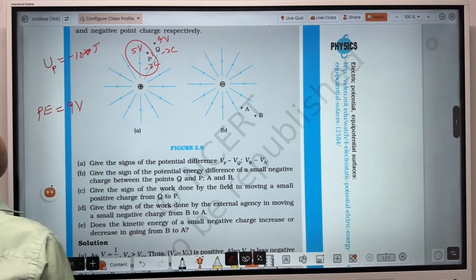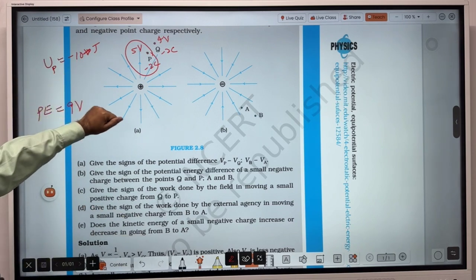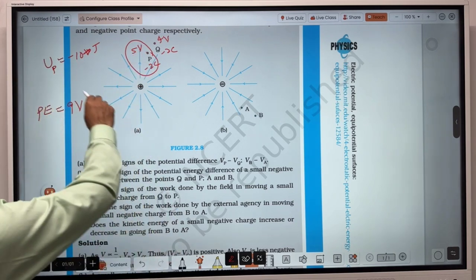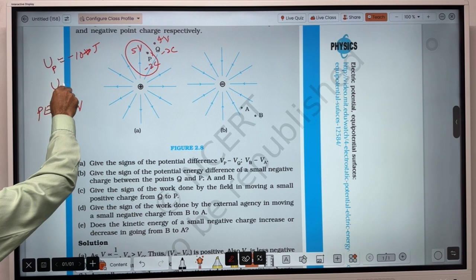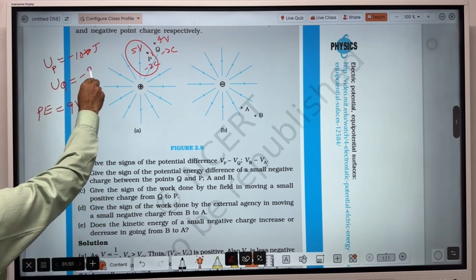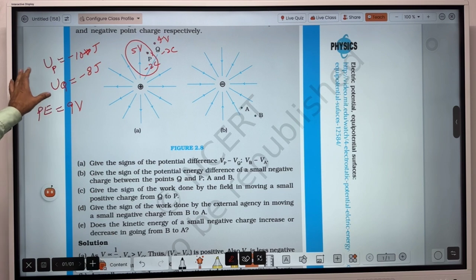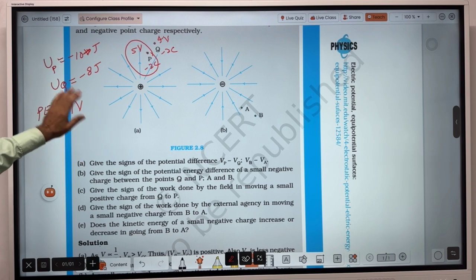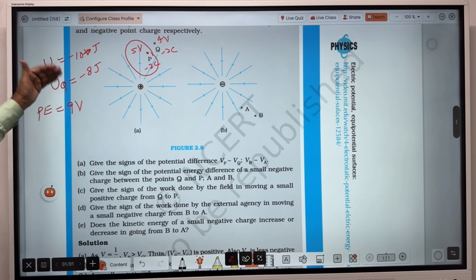So potential energy at point P is minus 10 joule, and at point Q, UQ, it is minus 8 joule. And if you want to find out the difference between the two, you can easily do UP minus UQ. If you do, it will be negative. If you do UQ minus UP, it will be positive. I think it is clear.